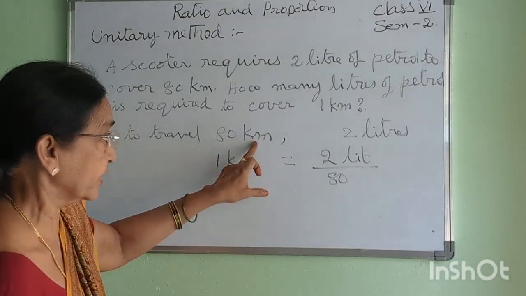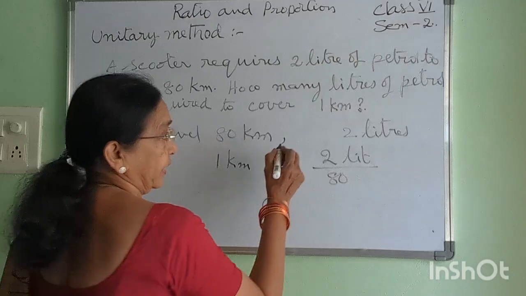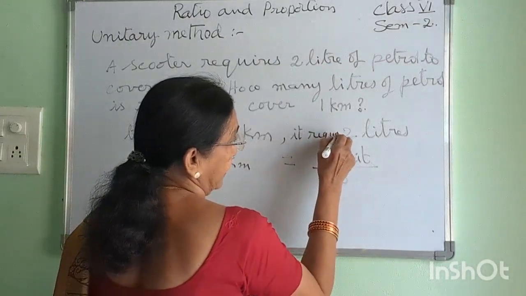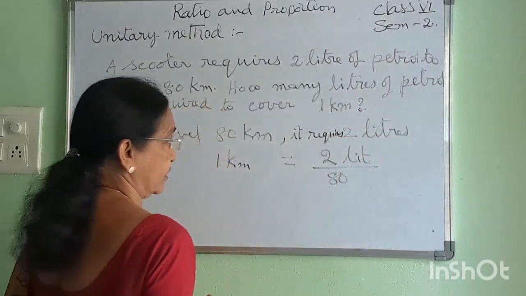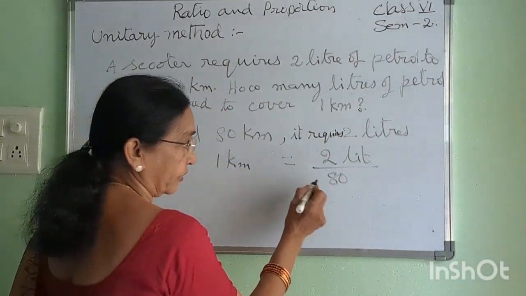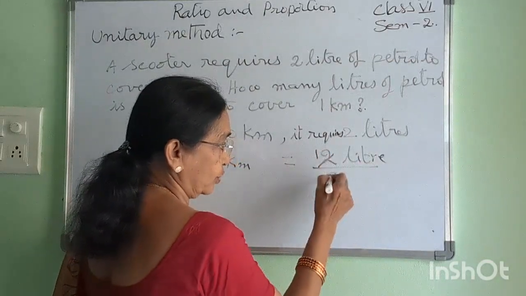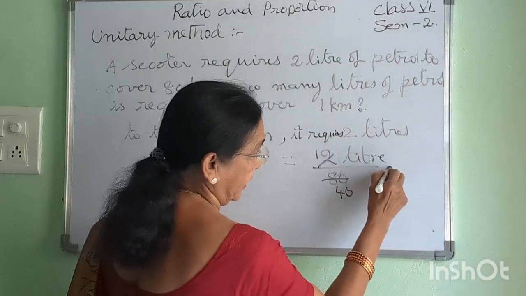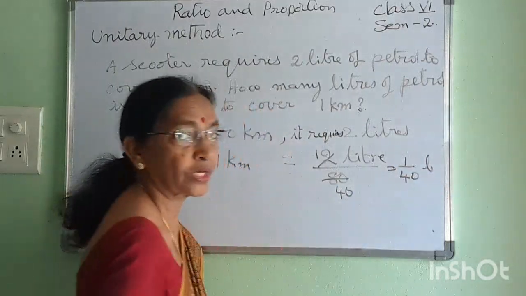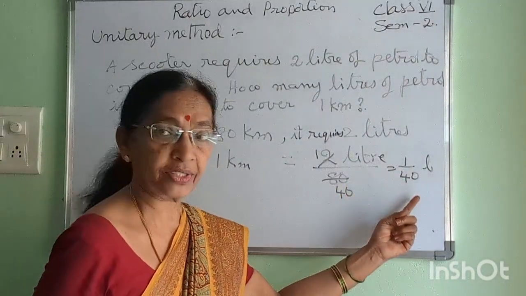So, to travel 1 kilometer, it requires 2 by 80, or 1 by 40 liter.